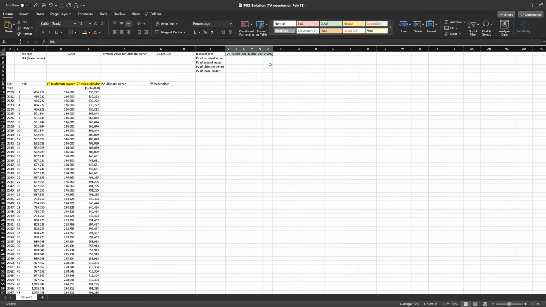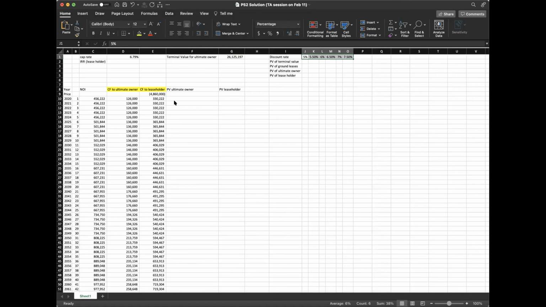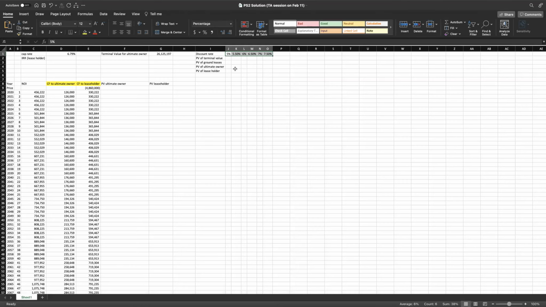Some of you even use more choices of discount rate. That's fine. So you need to use these different discount rates to discount future cash flow to today in order to get the present value. Let's start from maybe 5%, and we can change it to some other values. So suppose this is 5%.